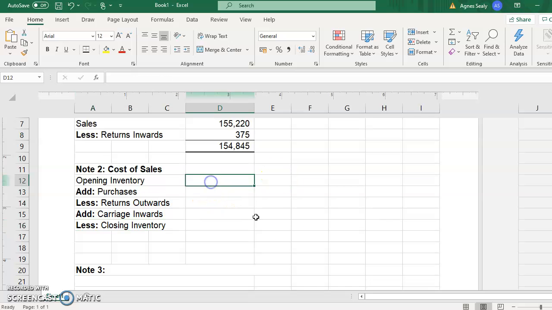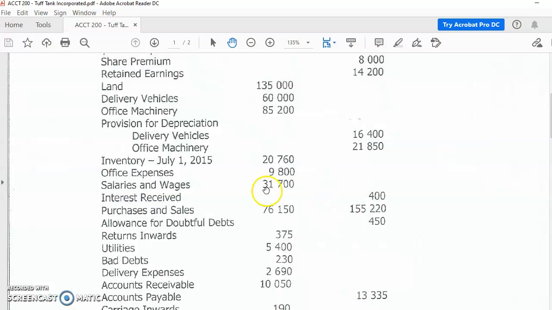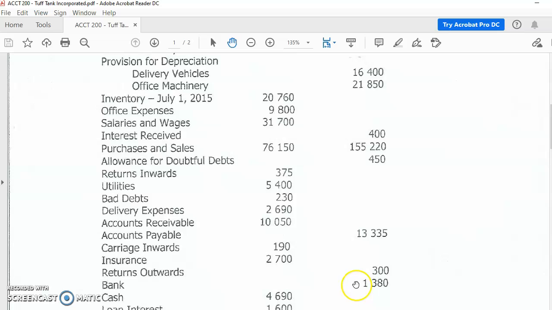So let's go and look at those figures. You should really pause and keep looking at the question. So our opening inventory is $20,760. Our purchases $76,150. Our returns outwards is $300.